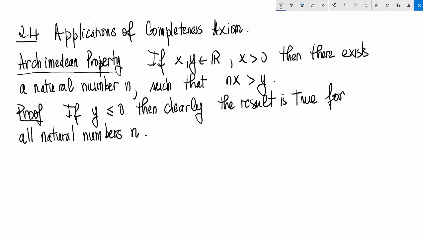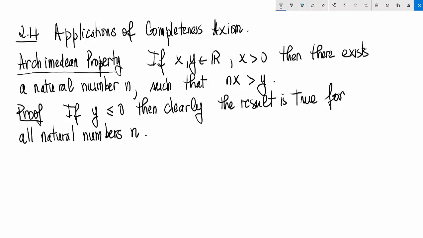The fact that it's positive means that you can find a natural number which is sufficiently large, so that once you multiply that natural number by x, which may be extremely small, you get something which is bigger than y, regardless of how big y is. That's possible, right? So in other words, you can fill the ocean with a spoon if you have enough time.